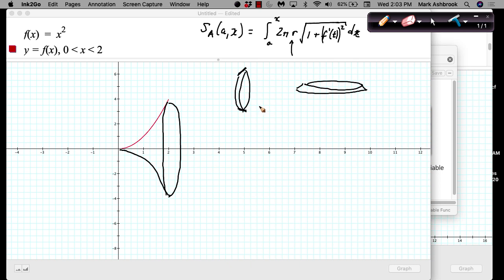The first one, right? Because I rotated around the x-axis. So draw a couple. It's really important to get this radius right. It's all based on a little tangent line to the surface, or the ds.